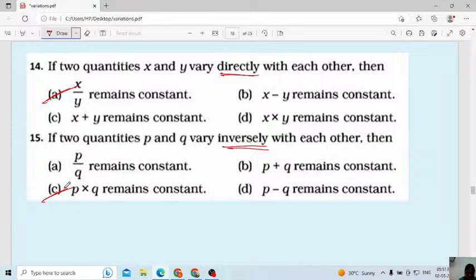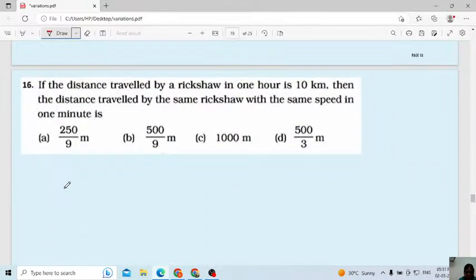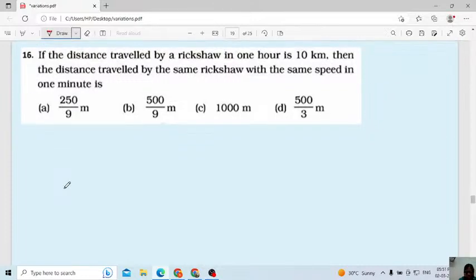Okay, I will move to the next question. Easy question. Do it, this one. Convert the unit properly and tell me the correct answer. If the distance travelled by a rickshaw in 1 hour is 10 kilometer, then the distance travelled by the same rickshaw with the same speed in 1 minute. They are asking in 1 hour, then 1 minute, then your answer it will be in meter.